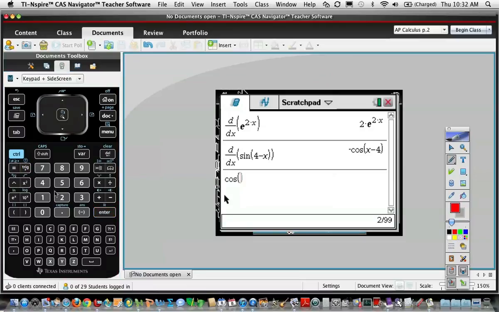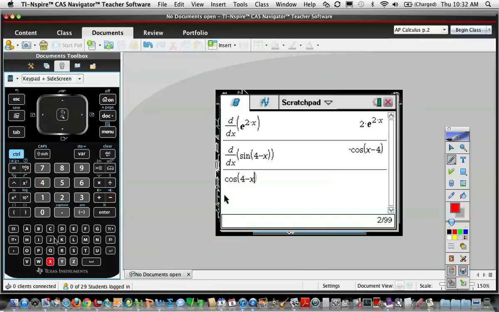If I type in cosine 4 minus x and hit enter, it writes cosine x minus 4. Because one of the things it's programmed to do, whenever it has a binomial like x minus 4, is write it in order of decreasing power. So it wants to write the highest power first, so it wants to write an x. So what it does, it uses the fact cosine's an even function.